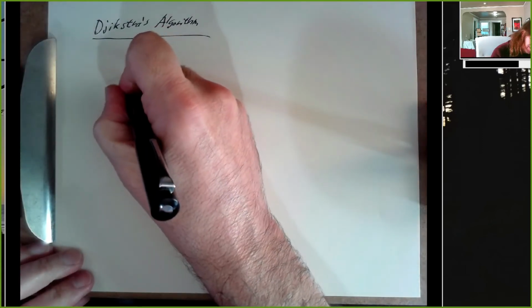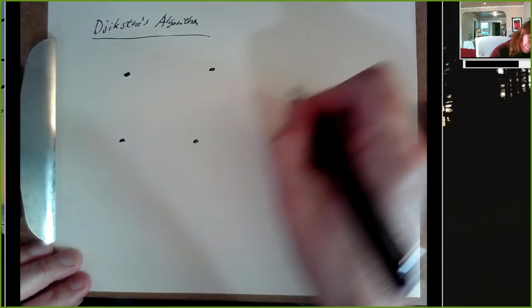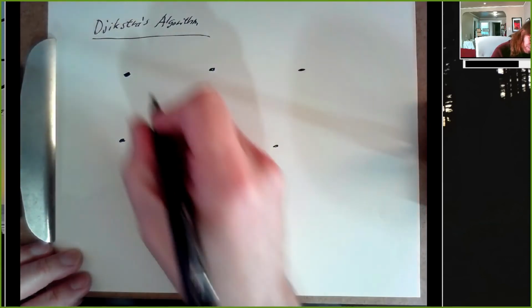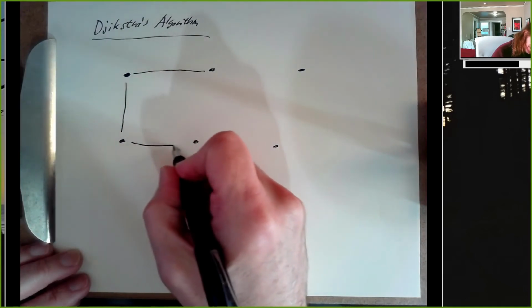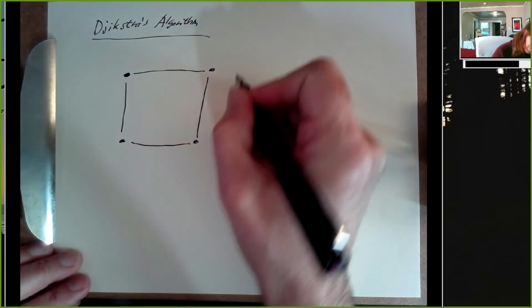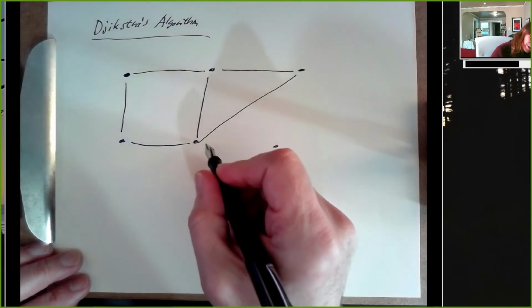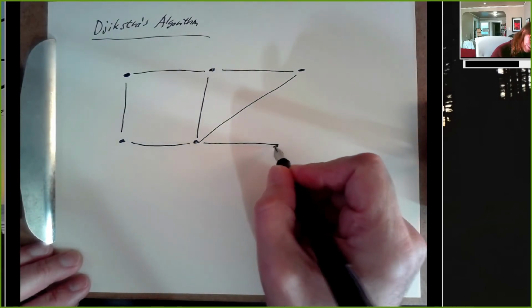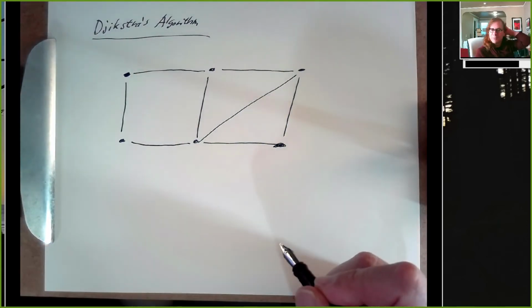So let me do an example, and we'll go through a few of these. You have a homework question on this. I want you to work on that homework question, but I probably won't choose that one to grade. But you will see a Dijkstra's algorithm question on the final.